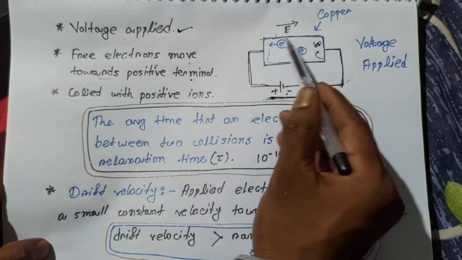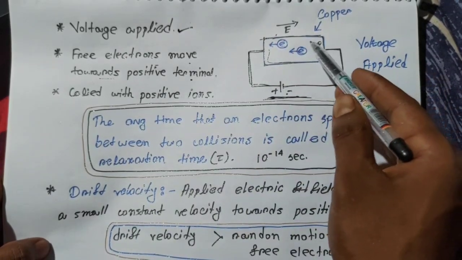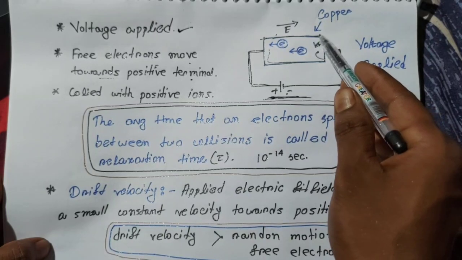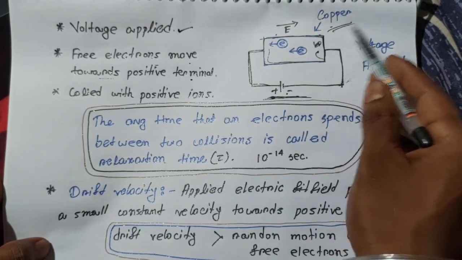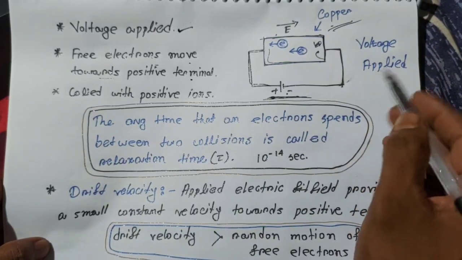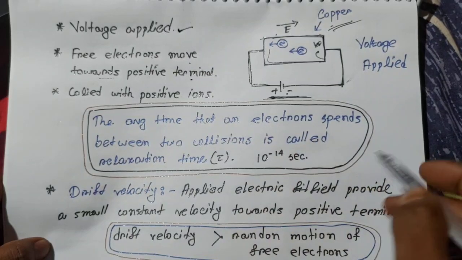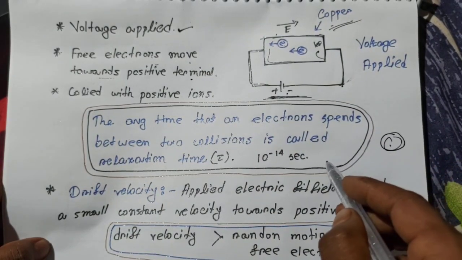These free electrons of copper, we said this copper is a good conductor. Why? Because of the valence electrons. Valence electrons are the outermost electrons of any atom.